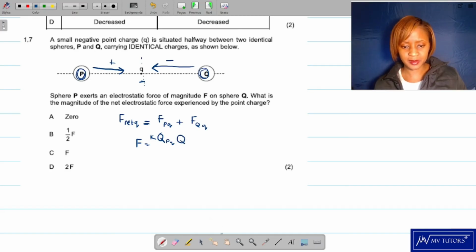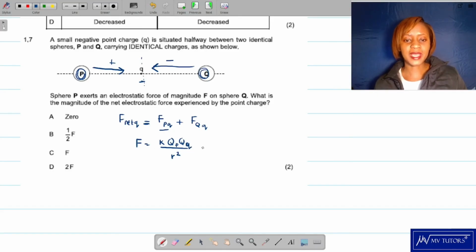Okay guys, the actual equation, it's K, so you'll have Q for P on Q, and then Q again. No, what am I doing? Sorry, let me just rewrite that. So this is the equation K Q1 Q2 over R squared. If you're looking at PQ, this would be P, and that would be small q.